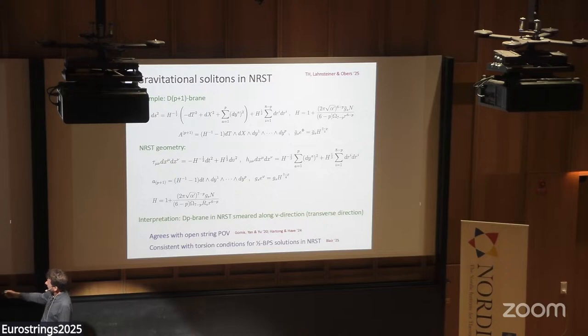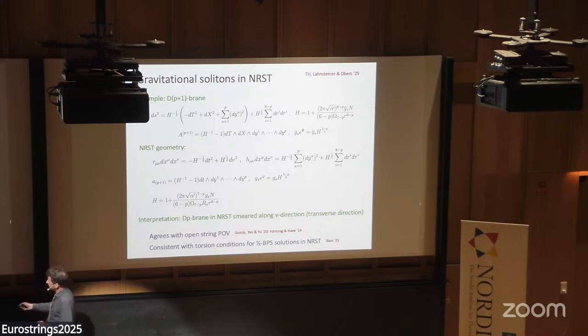Since you have to do a T-duality along the way, this Dp+1 actually becomes a Dp brane in non-relativistic string theory, which is now smeared along this direction v, which is longitudinal to the strings. So actually this is, in a sense, a transverse Dp brane because it doesn't share this v direction with the string.